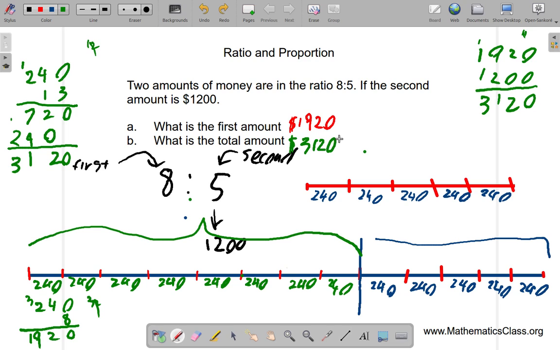Then for the total, you can add the 1920, the first amount, to the second amount of $1,200. Or since there is a total of 13 parts measuring $240 each, just multiply 240 by 13. Alright, good.